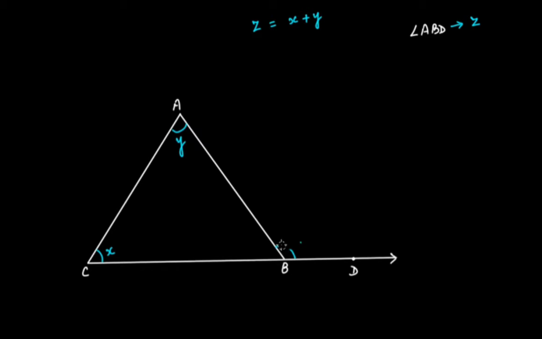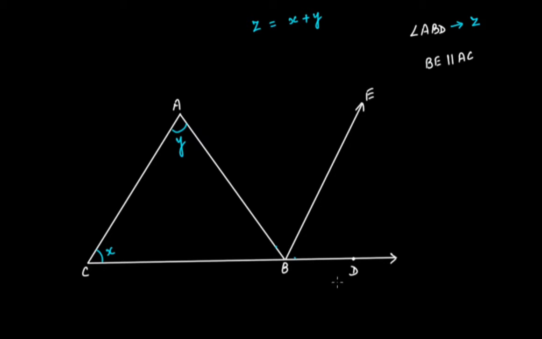So what I'm going to do is draw a parallel line to this one. So if we draw a parallel line to this one, let's say that this is a parallel line. So this line BE is parallel to AC.